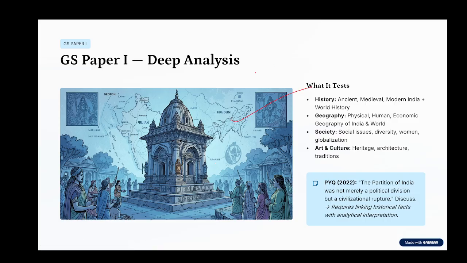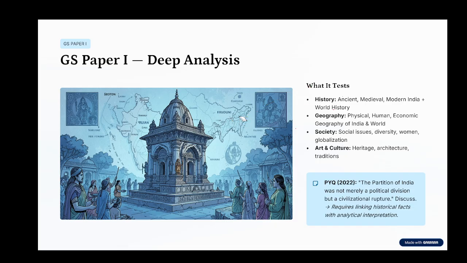So, deep analysis, paper 1. Paper 1 consists of history, geography, society, art and culture. Right? So what do we study in history? In history we will study ancient, medieval and modern India plus world history. We will study all these concepts.